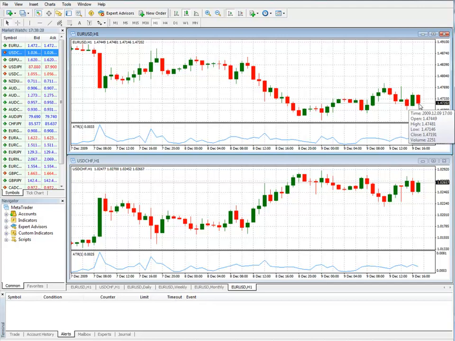Now let's say we wanted to go short here. Okay. Now if we go short in the euro dollar US dollar, for whatever reason we choose to go short, we can offset some of that movement by also going short in the US dollar Swiss franc.